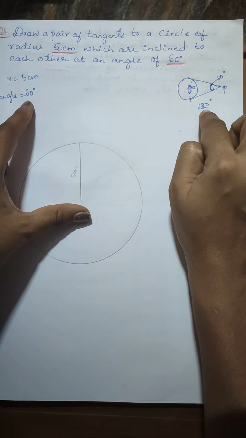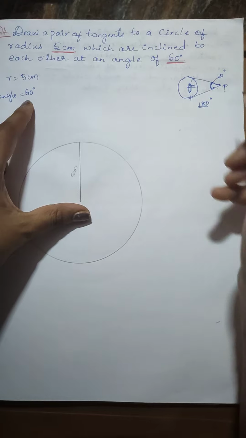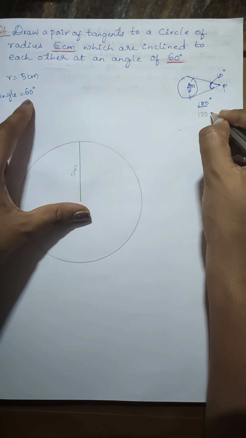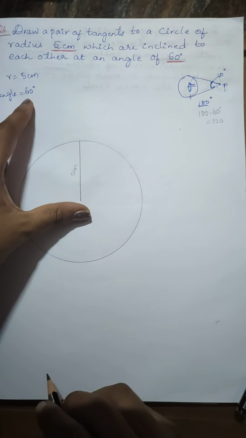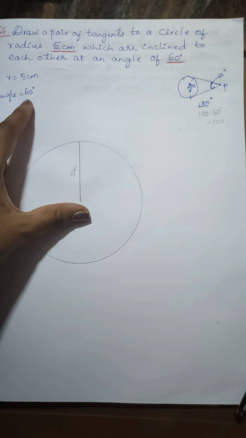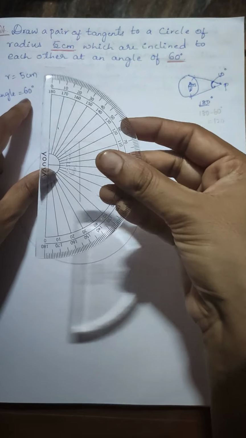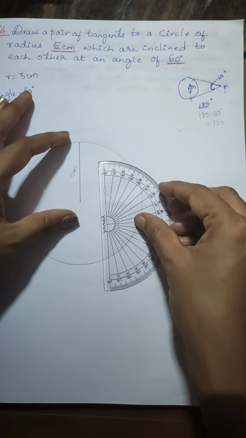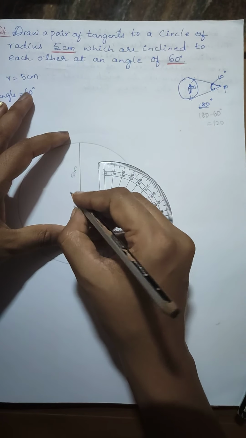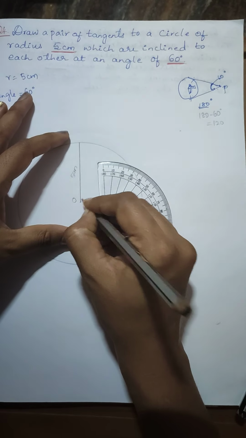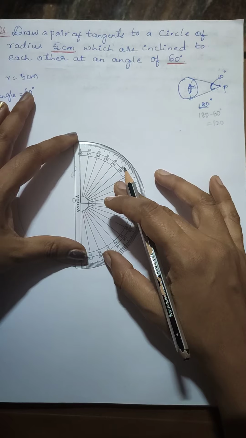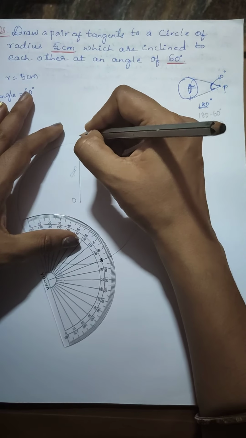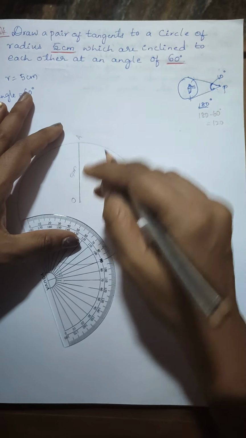So 180 minus 60, what do we get? 120. So using 120, take your protractor. Let us name the center O. From here draw a radius, let this be radius OA.